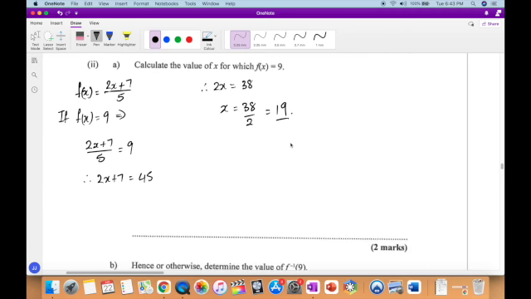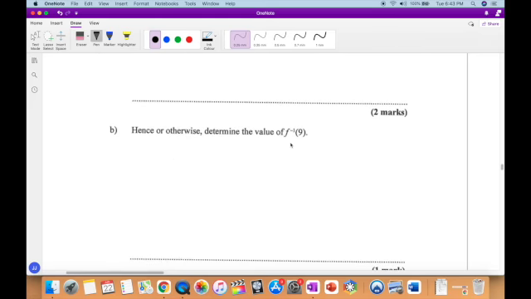Let's just see what happens if we find the f inverse, right? So if f of x, and remember to find f inverse, we'll just call it y, and I'll just do it quick. Y is equal to 2x plus 7 all over 5, right? Remember, in order to find the inverse, the first thing you have to do is make x the subject of the formula. So that's pretty much what we did in the last question there.